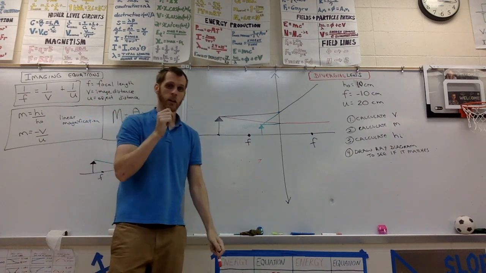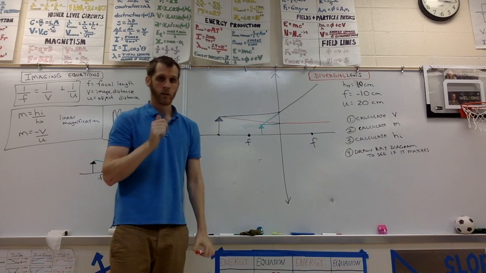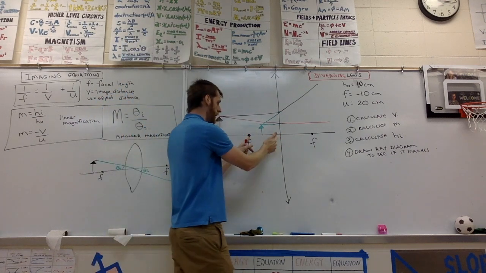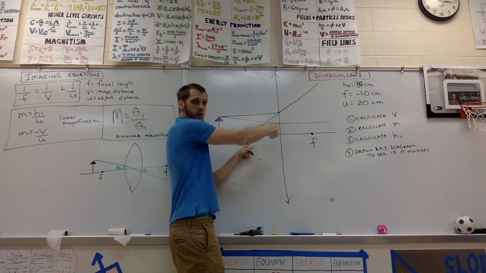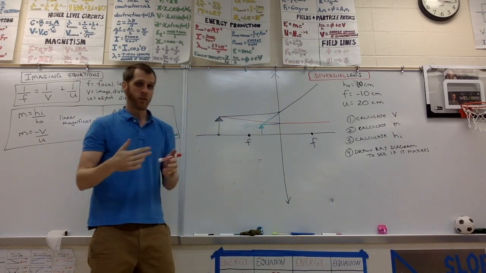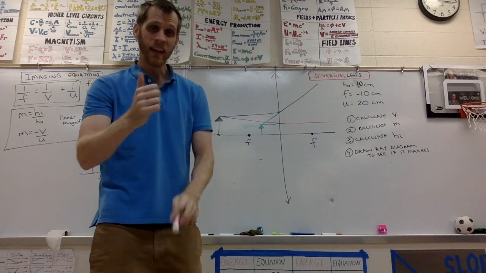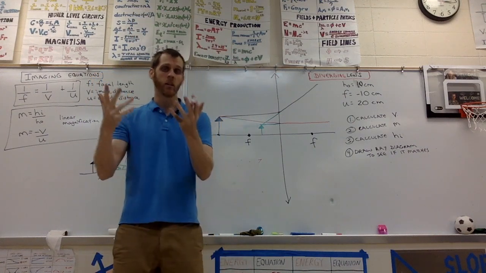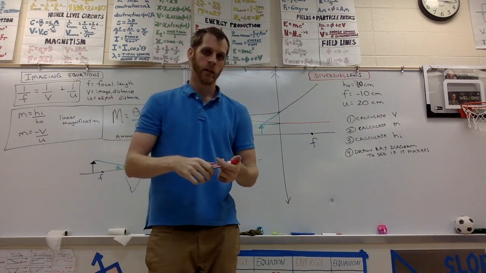Now here's where it gets tricky. The focal point is 10 centimeters away from here, but we're not using that focal point, we're using this one, because it's diverging. So the focal length is actually 10 centimeters on this side of the lens. So virtual images have negative focal points. That's one thing to remember.